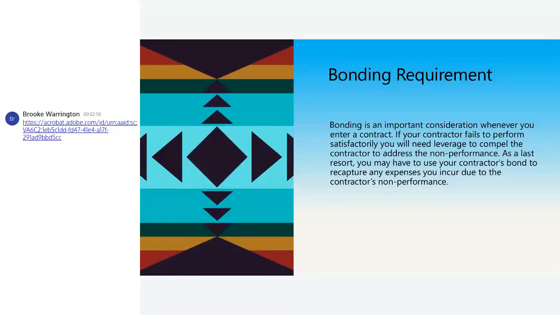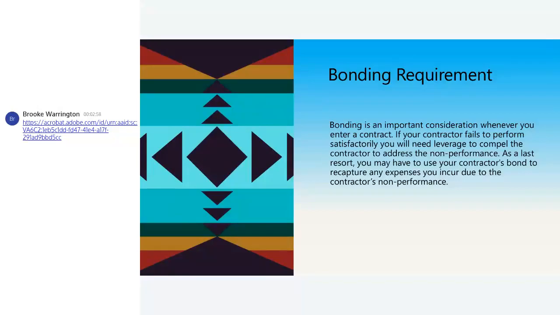You know, if you don't have enough to make them mobilize and they're on a different job, they're not going to care. Always make sure you have that adequate retainage also. Okay. So the bonding is the other component that protects you. If your contractor fails to perform satisfactorily, you need that leverage to get them to address their non-performance.